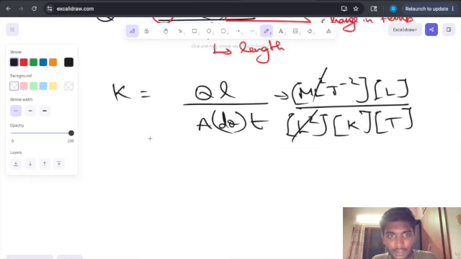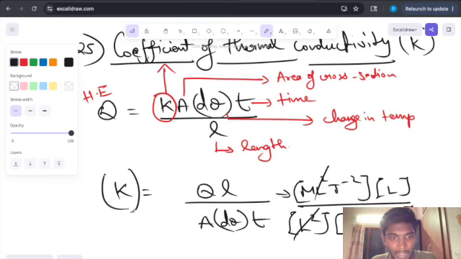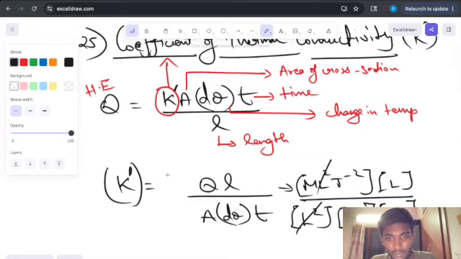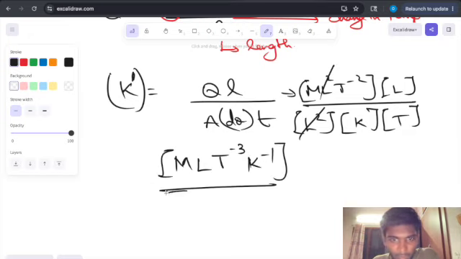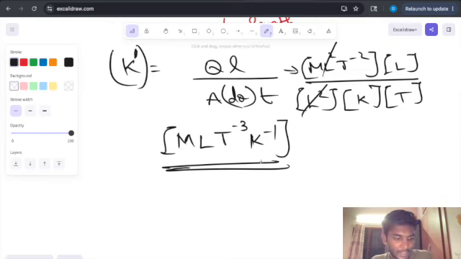Therefore I am left with, let me put a bracket over here because this is coefficient of thermal conductivity, or else we can just put a K dash so that we differentiate this with Kelvin. This is K dash, okay? So don't get confused with this. So we finally get our dimension formula to be MLT⁻³K⁻¹. This is our dimension formula for coefficient of thermal conductivity.